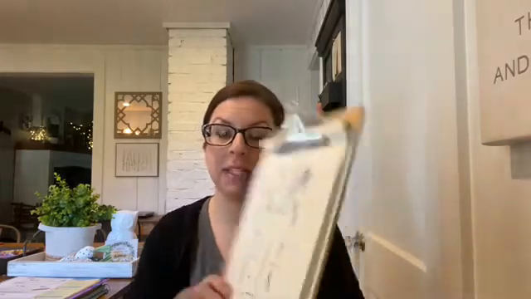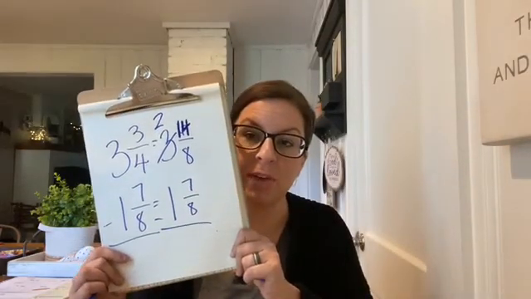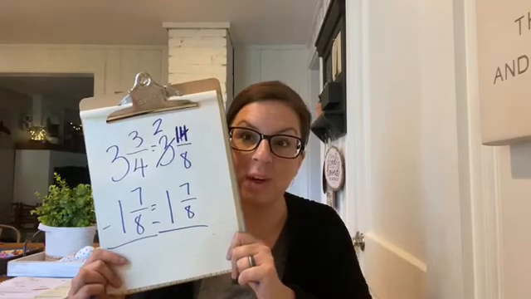All right, so we're going to give 6/8 8/8. Okay, so we're going to turn the 3 into a 2 and give 8/8 to the 6. So now it turns into 14/8. This is going to look messy because I used marker. Okay, so now we have 2 14/8 minus 1 7/8.